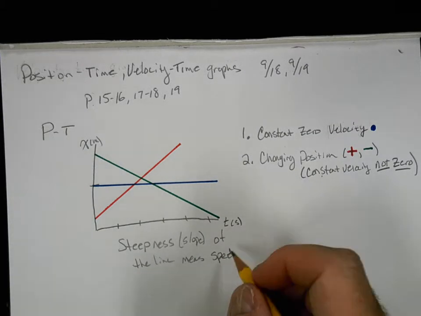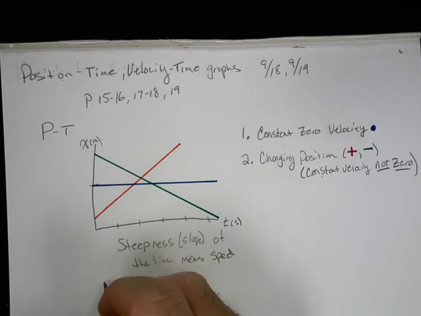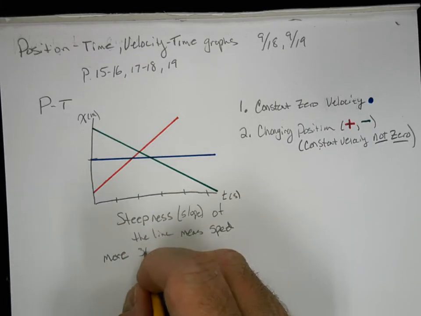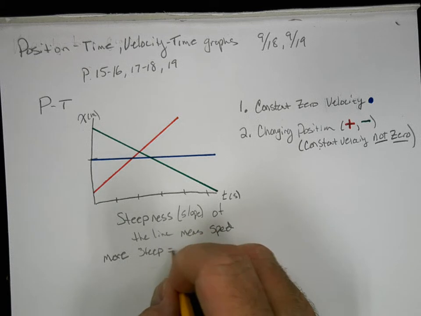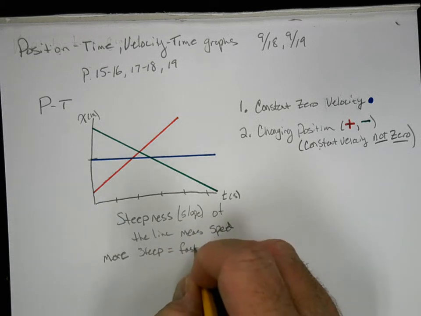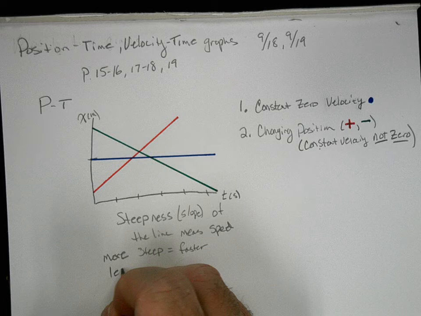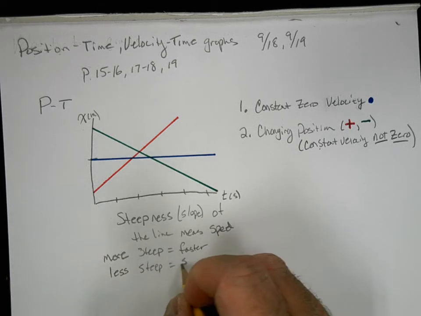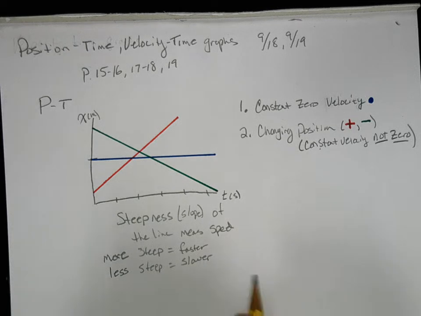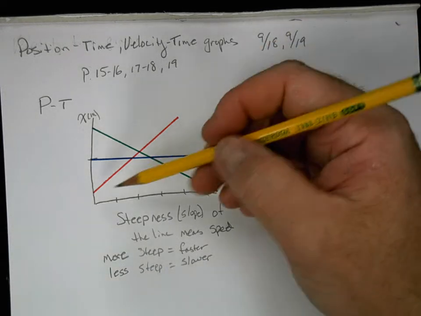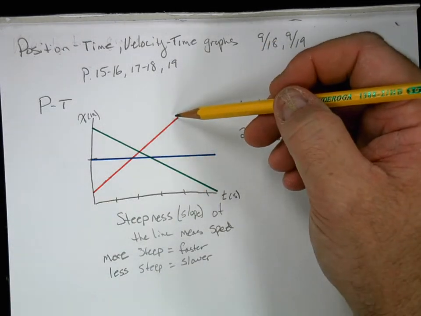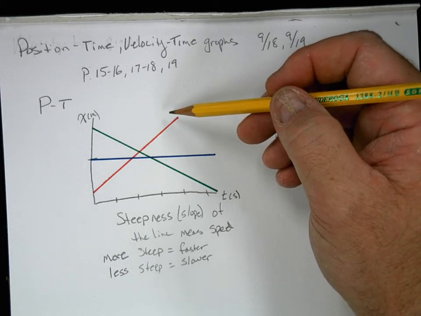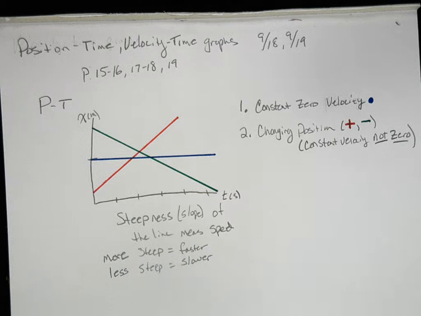If we have more steep, more steep equals faster, less steep means slower. So you can see that the red is a bit steeper. Or here, let me give you a different one.